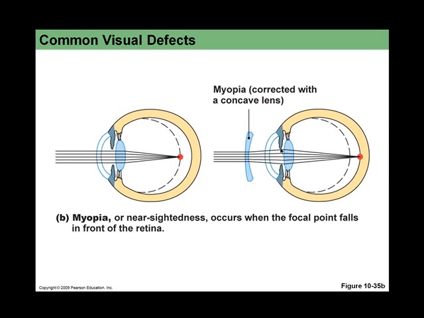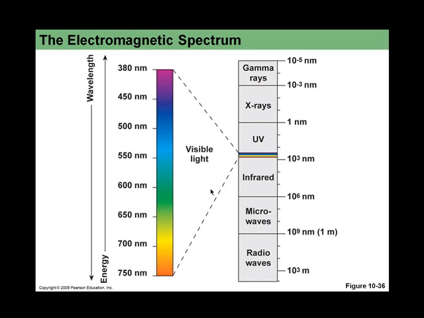What that'll do is spread or scatter the light rays a little bit before they hit the lens, and then it'll increase the focal length of the bi-lens combination. And of course, the ophthalmologist has a specialized set of lenses that are placed in front of the patient's eyes, and then they're asked which looks best. So it's corrected for the exact offset in focal length and object length for the person's eye.